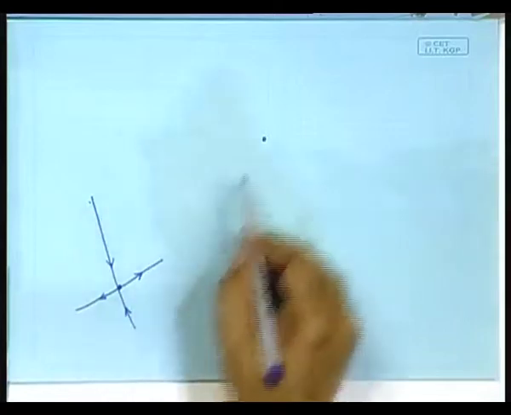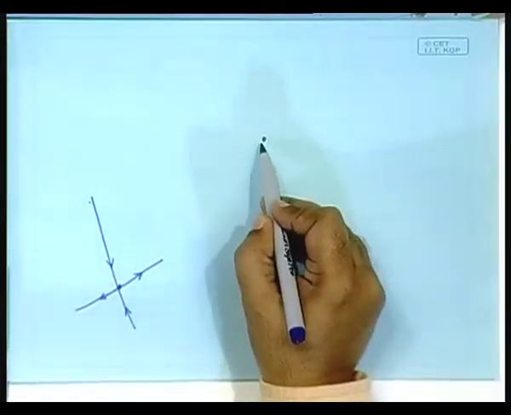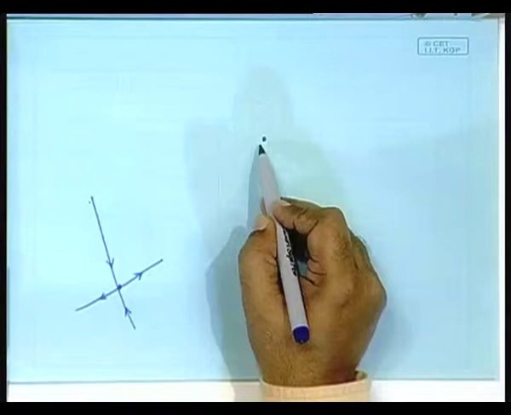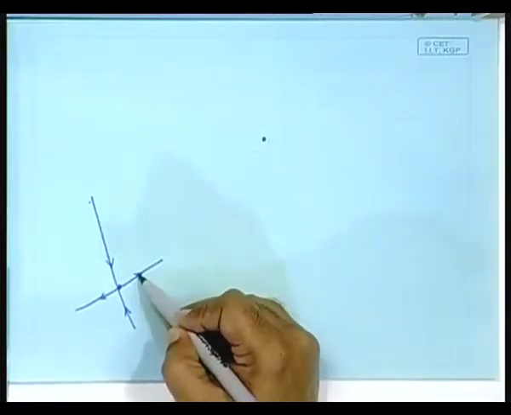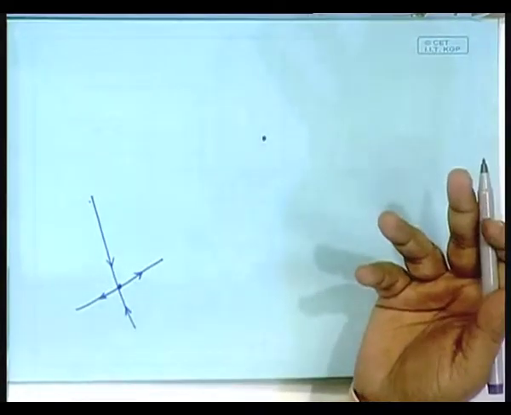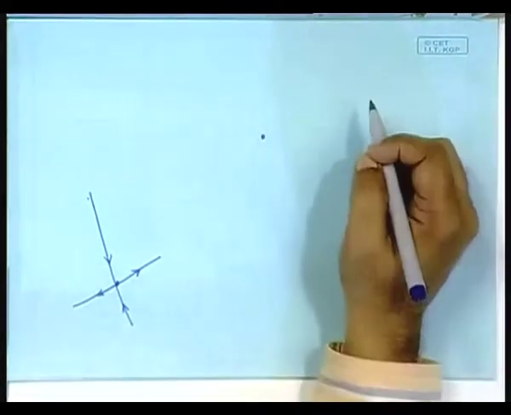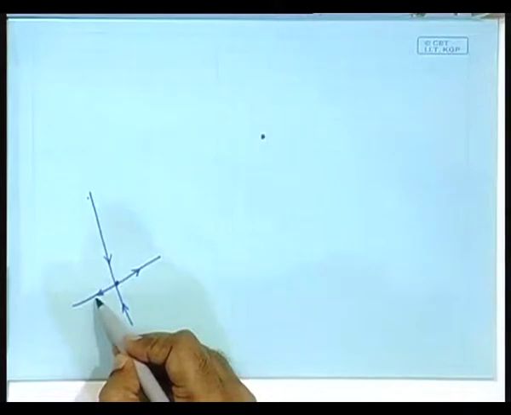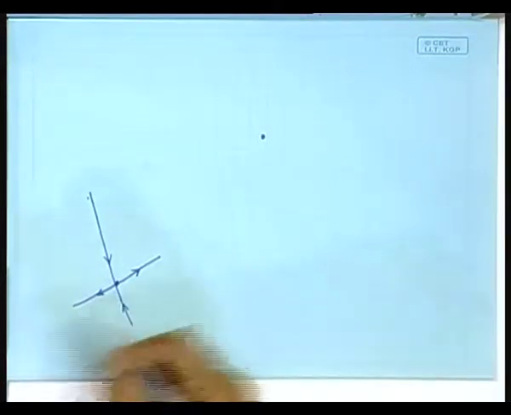Consider a situation where this fellow is a stable fixed point. Can you infer where does this fellow go? It goes there, has to go there. Where does this fellow go? To infinity.